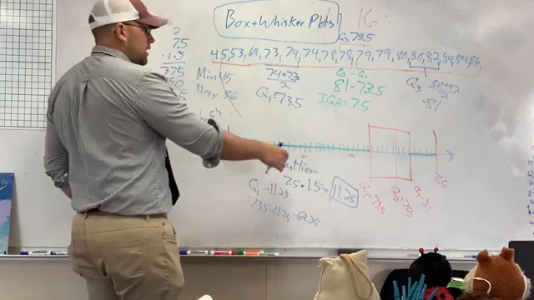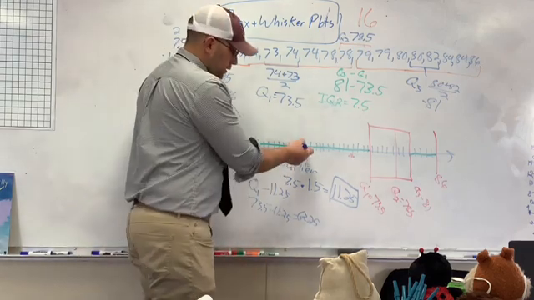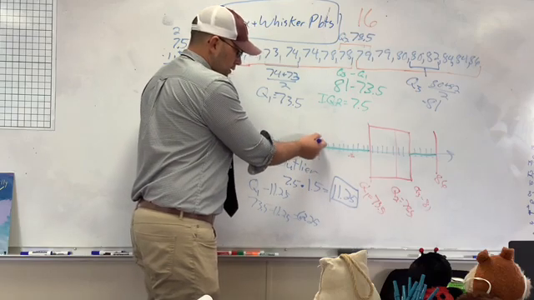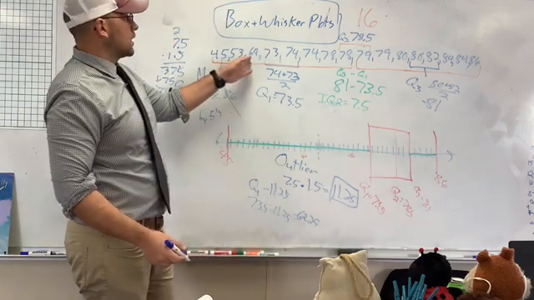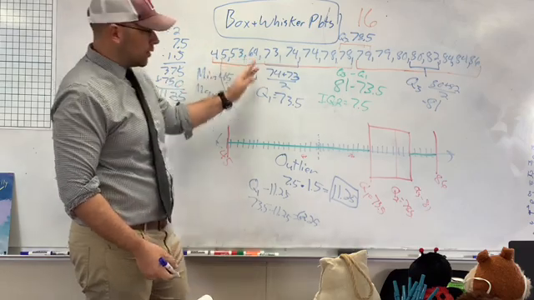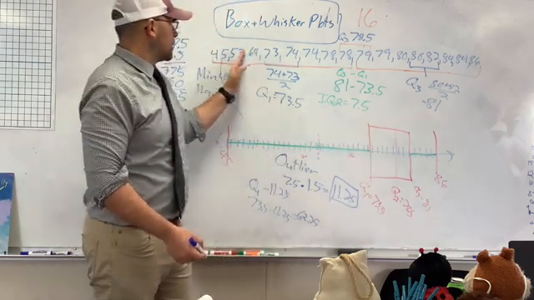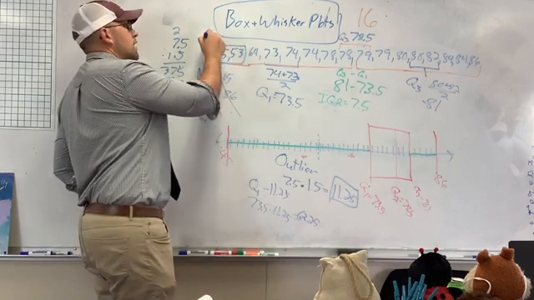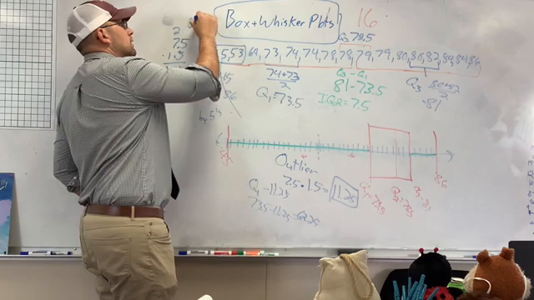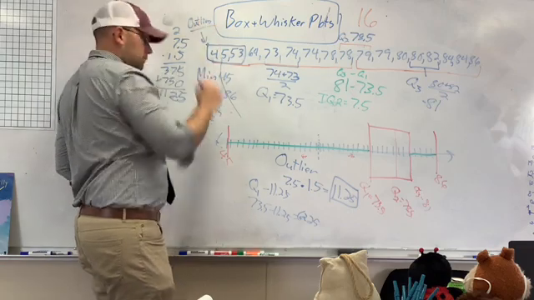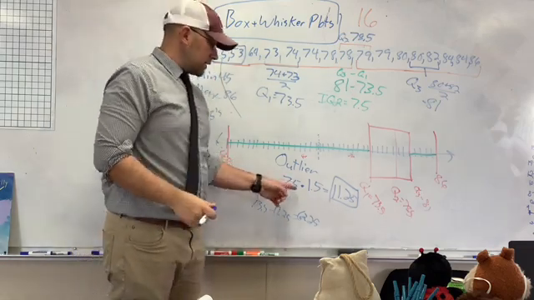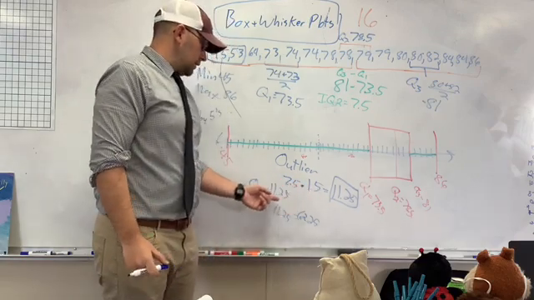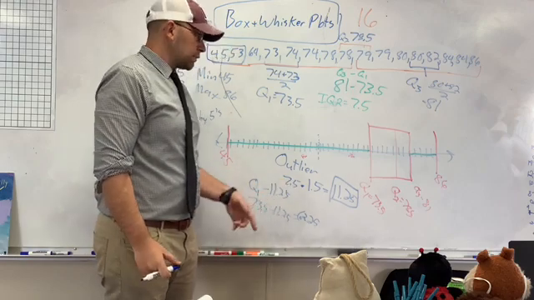So any number outside of 62.25, which is right here, is an outlier. So if I look at my chart, is 64 an outlier then? No, because it's still on that side. But 53 and 45 are outliers based on this formula. So all I did is I took the IQR, multiplied by 1.5, got 11.25, and subtracted that from Q1.